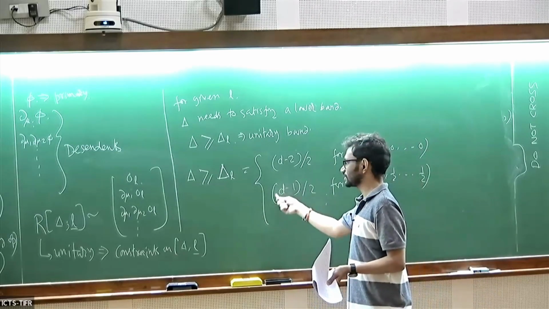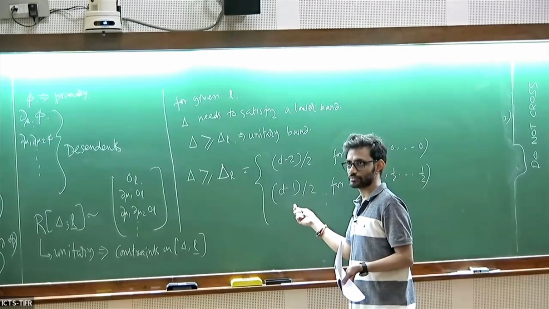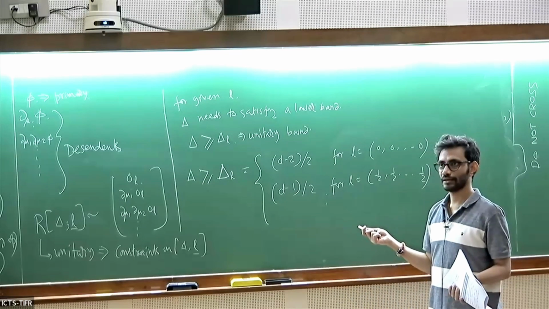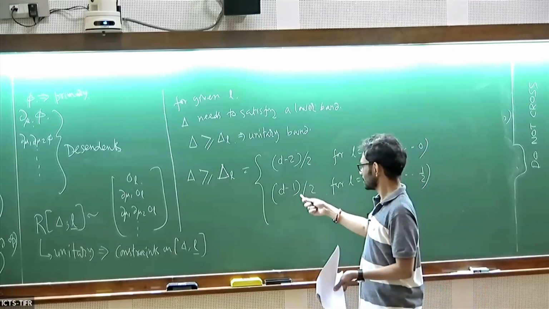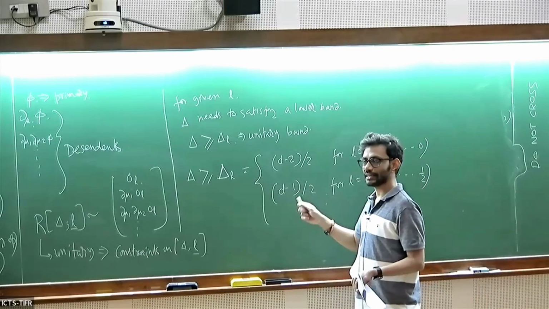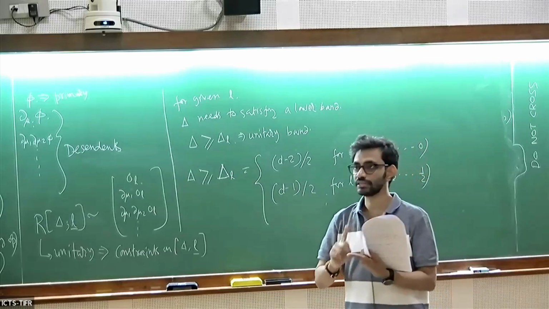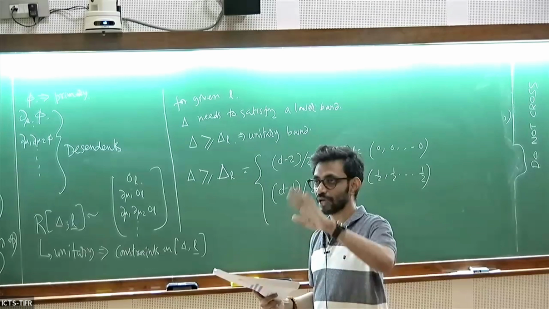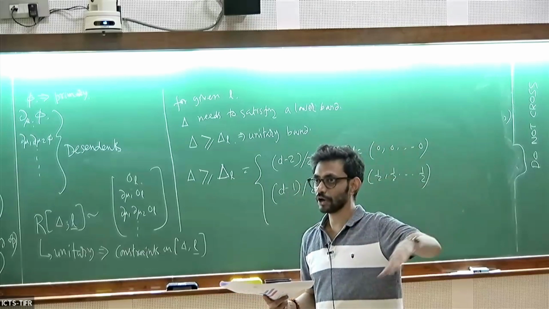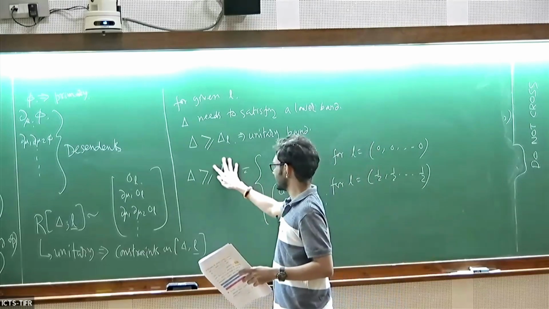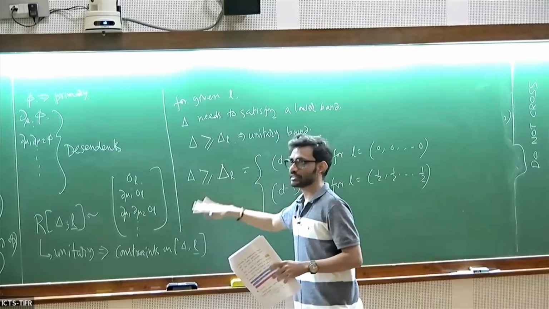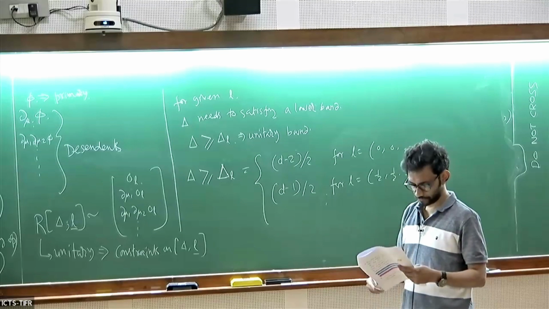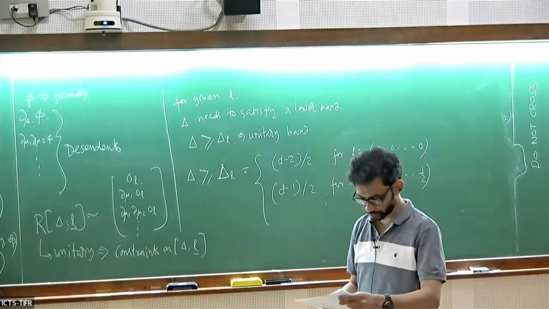For d equal to 4, delta L is 3 by 2, and that is the mass dimension of the fermion fields. So you can already see that this value of delta L is basically the mass dimension. So we have to find those states for which delta L is there and which satisfy these unitary bounds. Up to this part, any question?